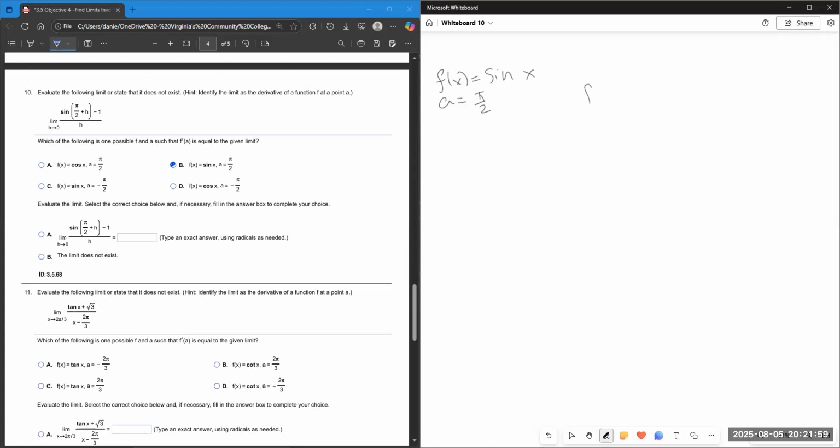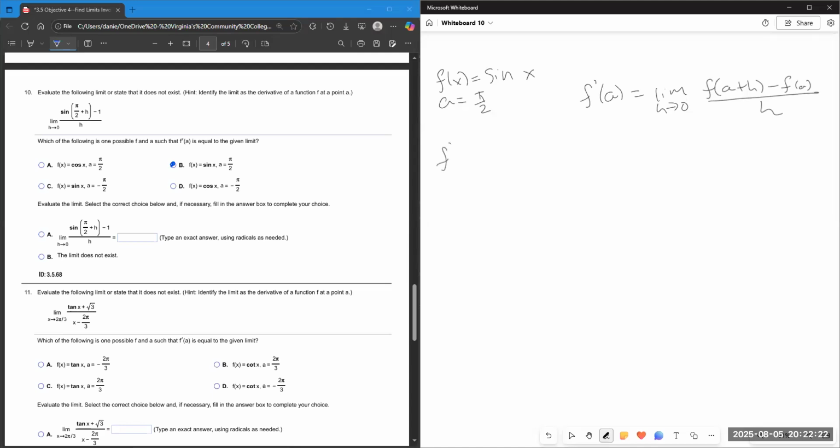So f prime at a is equal to the limit as h goes to 0 of f of a plus h minus f of a over h. They're using that definition right there.